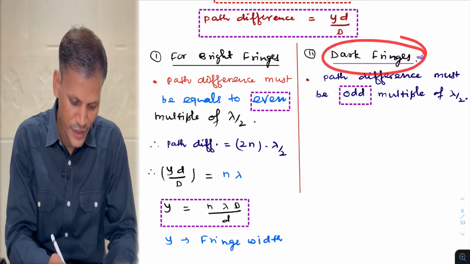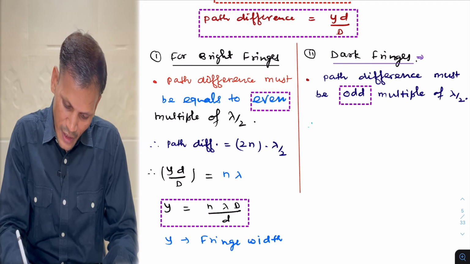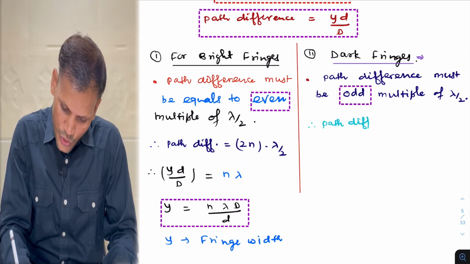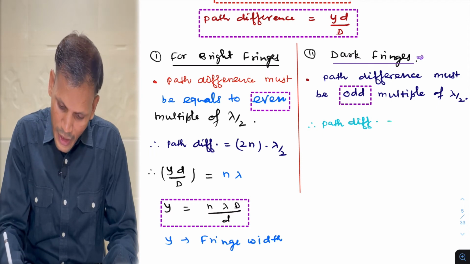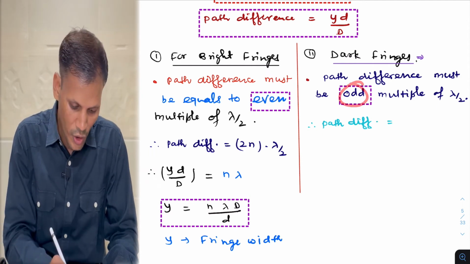For the dark fringes, what do we have to write? Again, for dark fringes, path difference must be equal to an odd multiple of lambda by 2. What is the odd number?